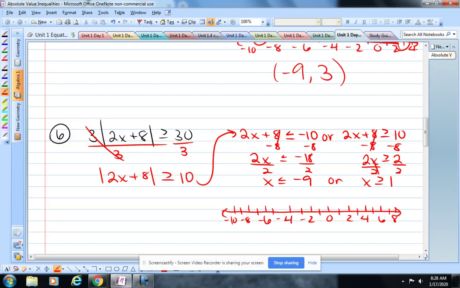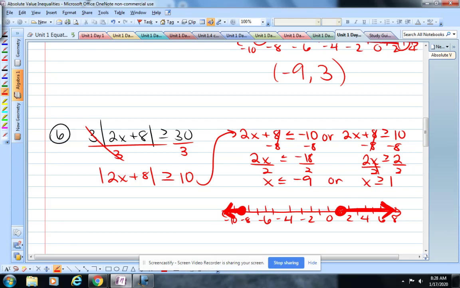So negative 9, open circle or closed circle? And which way do I shade that arrow? Not to the right. Left. Because remember, OR's got to go in opposite directions. Right? And then 1 gets a closed circle. And which way do I shade? Greater than goes right. Good.